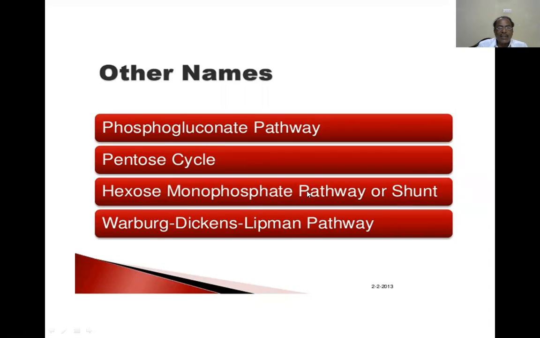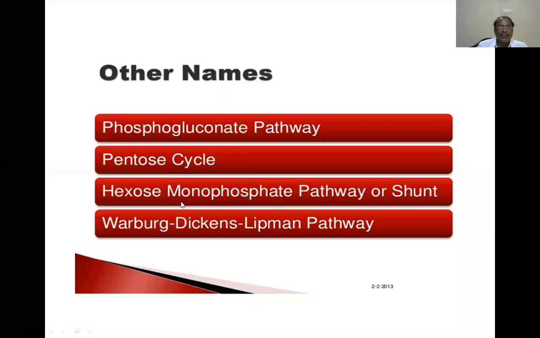And hexose monophosphate pathway or shunt pathway is the classic name. The scientists who were mainly involved in deciphering this particular cycle of events were Warburg, Dickens, and Lippmann, so it is also called the Warburg-Dickens-Lippmann pathway. These are the great Nobel scientists who completely deciphered the HMP shunt pathway.